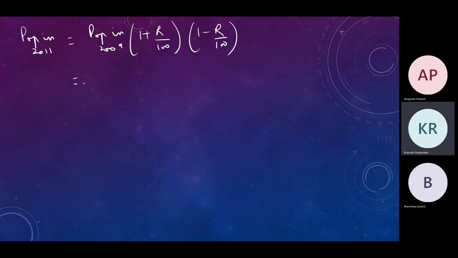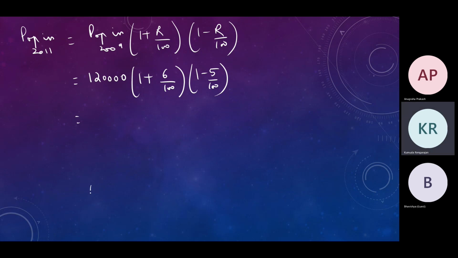So population in 2009 is given, 1,20,000, into 1 plus 6 by 100, then it decreases, so 1 minus 5 by 100. That's all. You need to work this, and that will be the population in the year 2011.